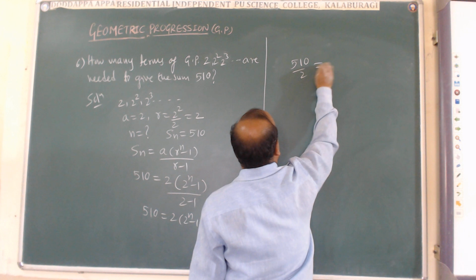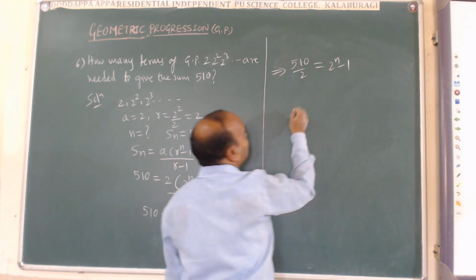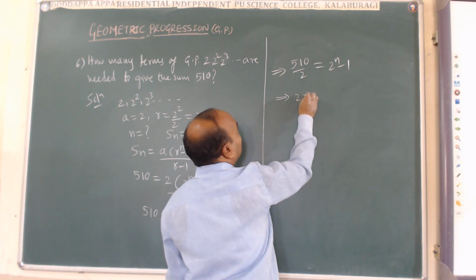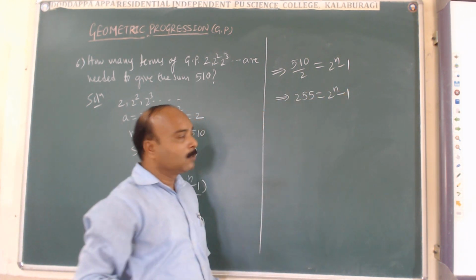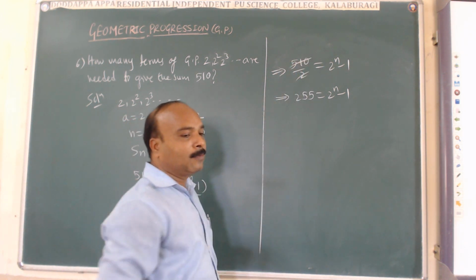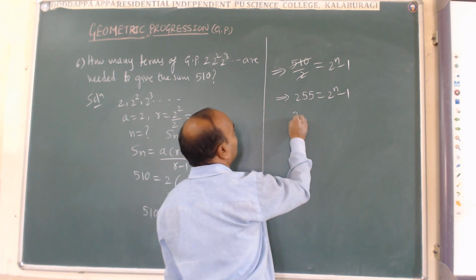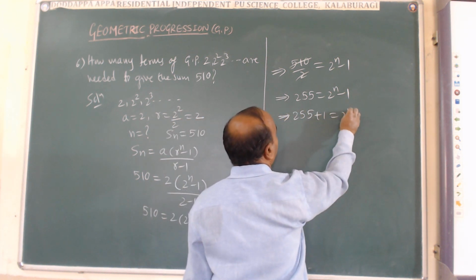510 by 2 is equal to 2 raised to n minus 1. It is 255 equal to 2 raised to n minus 1, because if you divide, we get 255. So I get 255 plus 1 equal to 2 raised to n.